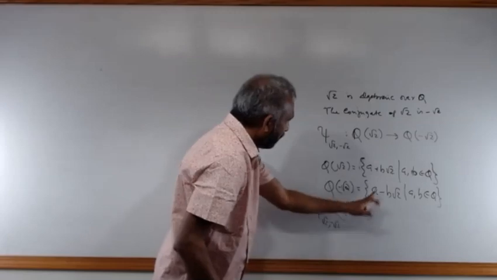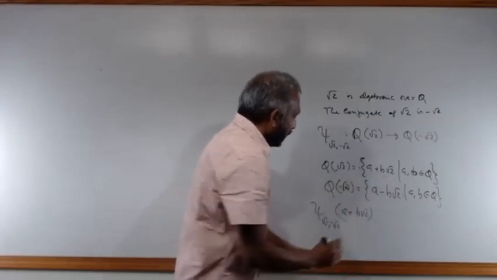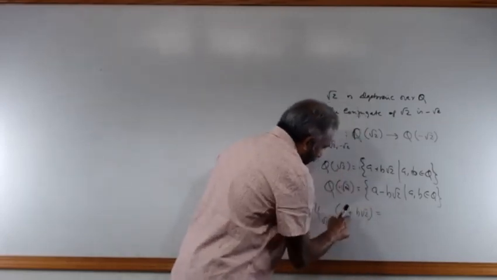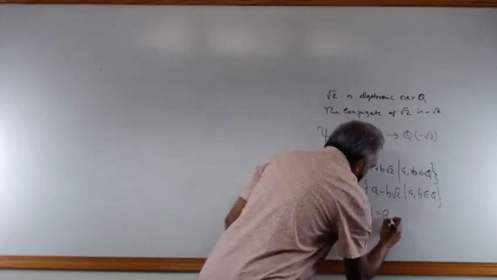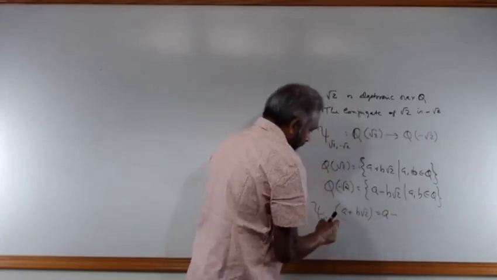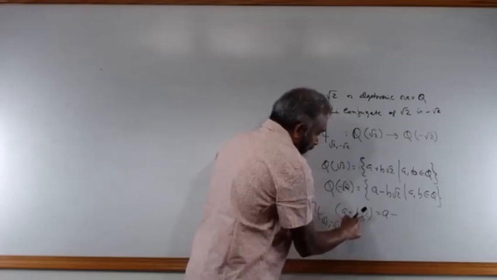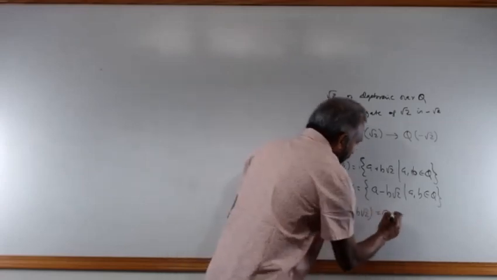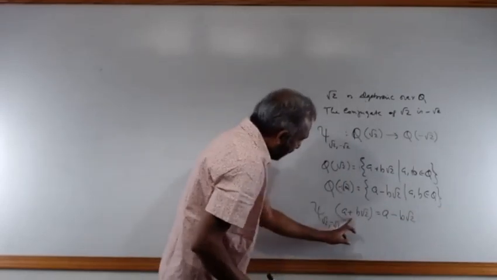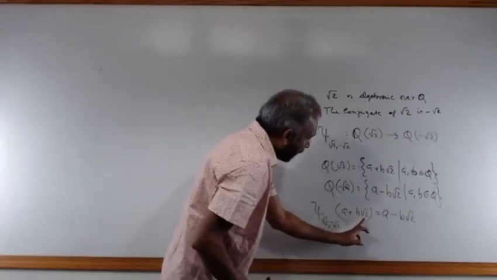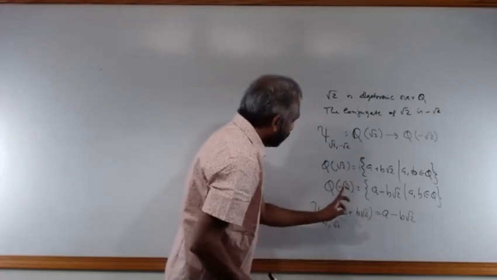This is a general element of here, and that will be equal to, this is C0 and this is C1. C0 actually is same as A, and this is going to be the conjugate of this. So this is going to be B, actually plus B times minus root 2. Minus root 2 is the conjugate of root 2.